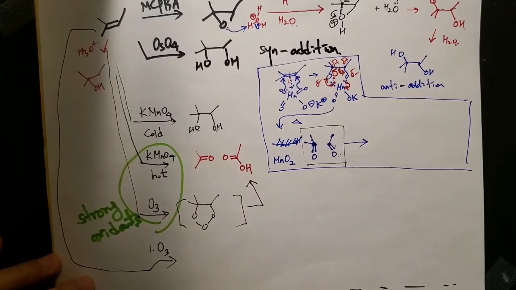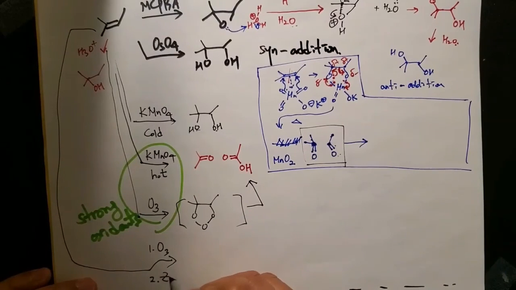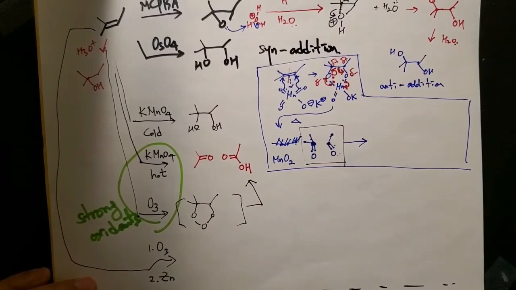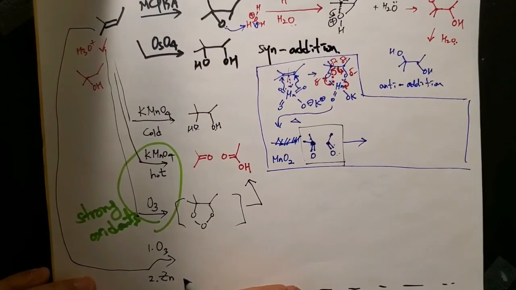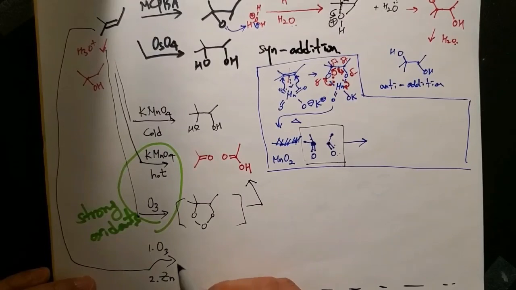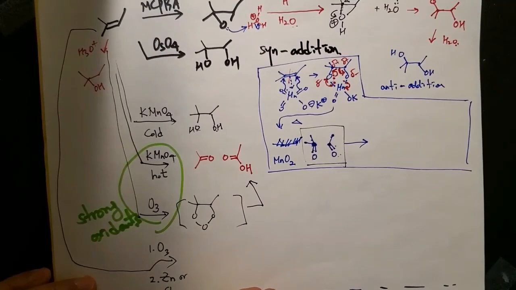You put ozone in in the first place. Second step, you reduce the oxidation power of the ozone by adding some reducing reagent, such as a metal. Metal is a good electron donor, so it's reducing. It is destroying ozone and reducing the oxidizing power of ozone. Or you can use some sort of dialkyl sulfide, and sulfide is also a good nucleophile, giving electrons away easily.